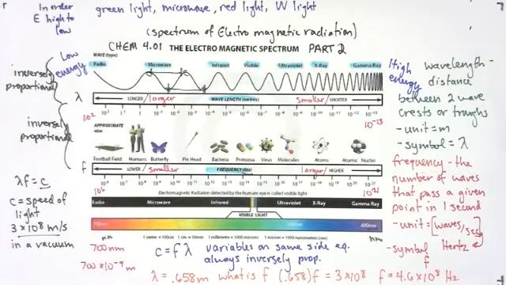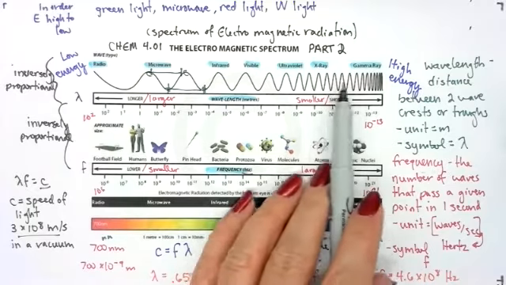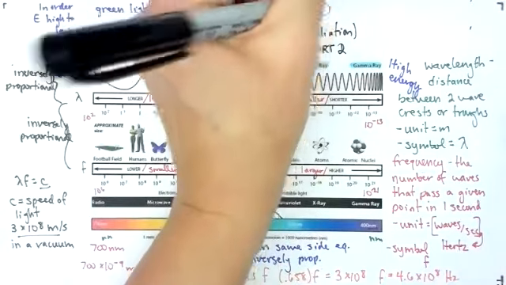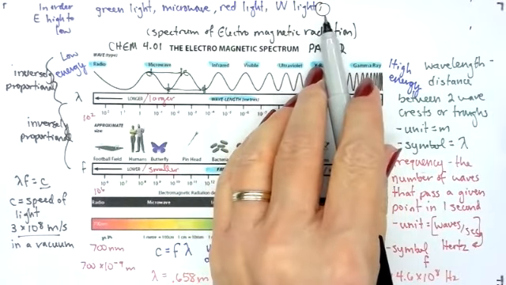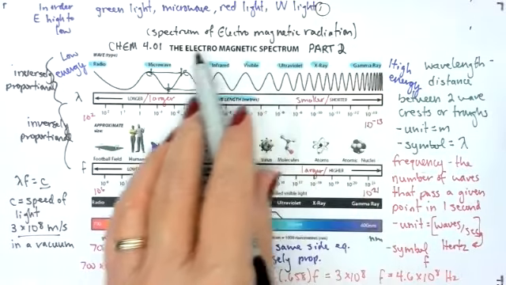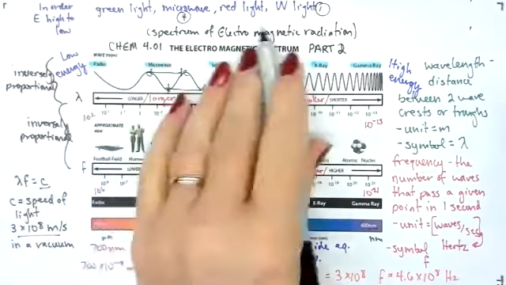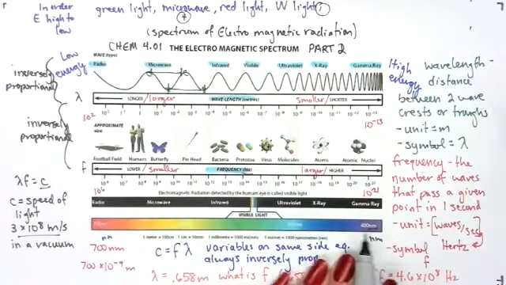All right, I'm just going to number them. And it's pretty easy to do now because I have my diagram here. But what I would see is that UV light is the only one that's up towards this end. So this is going to have the highest energy. And that makes sense. That's what can give you an actual sunburn. So I know microwave is way down here. So this is going to be number 4. Then what about green light and red light? Well, you have to know the spectrum.